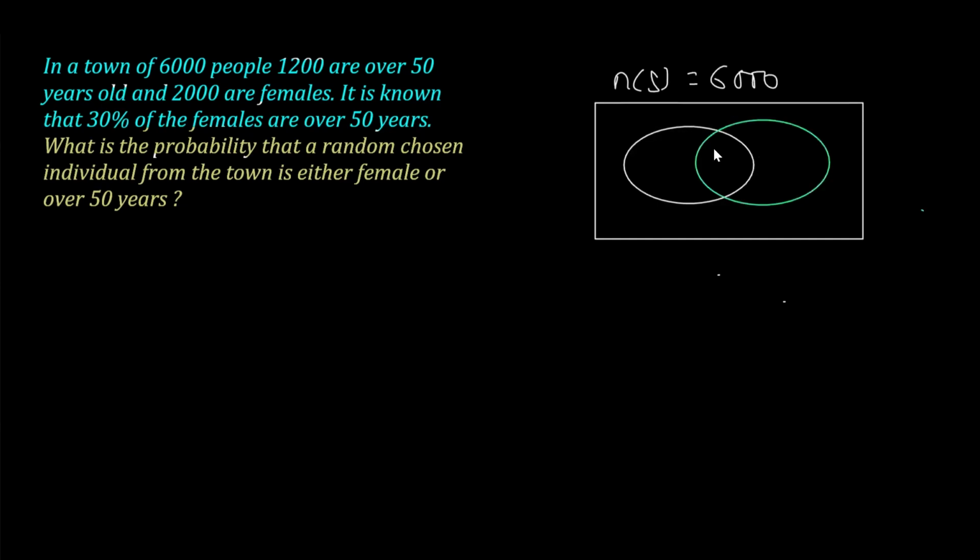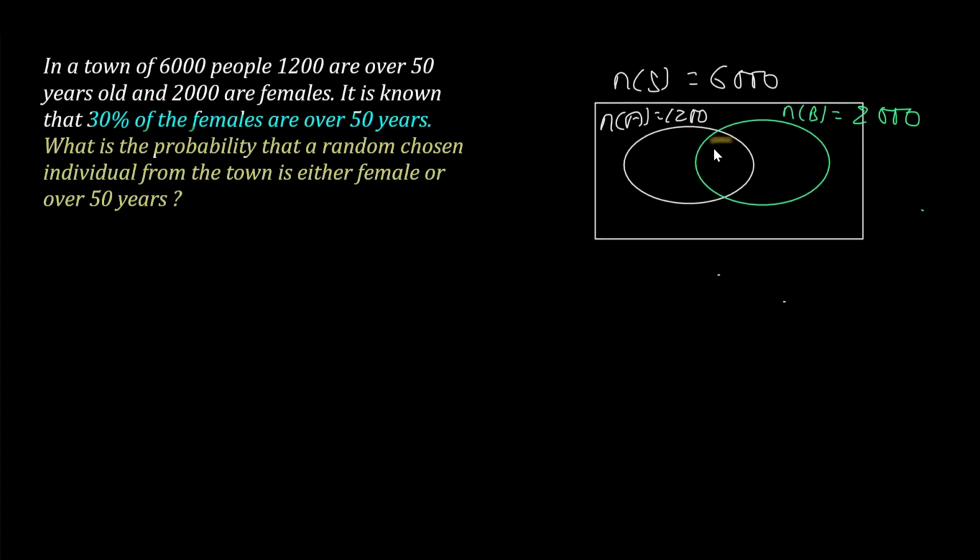So here n of A, these are people who are above 50 years, which is 1,200. And then we look for the female, the green one. So n of B, these are females, and they are 2,000.